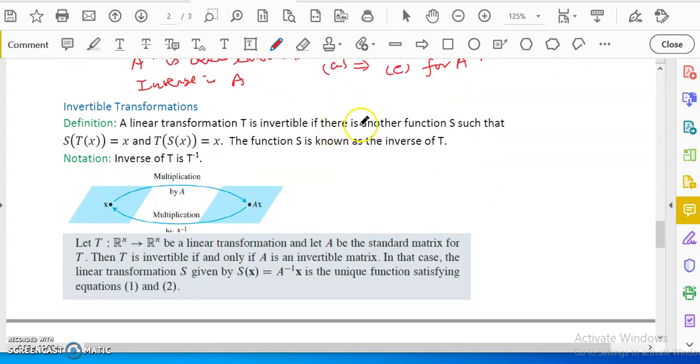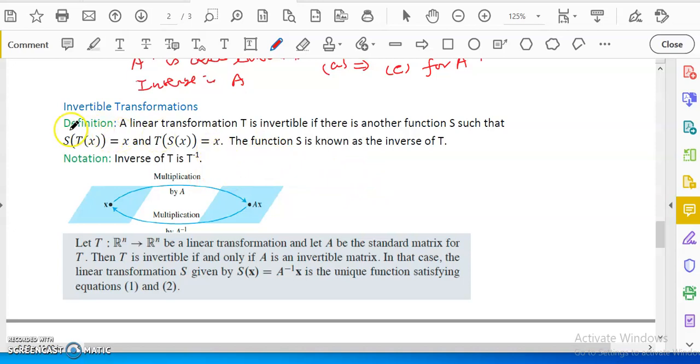Okay. So now one useful thing about knowing that a matrix is invertible links to the fact that you can use A as the standard matrix of a linear transformation, right?